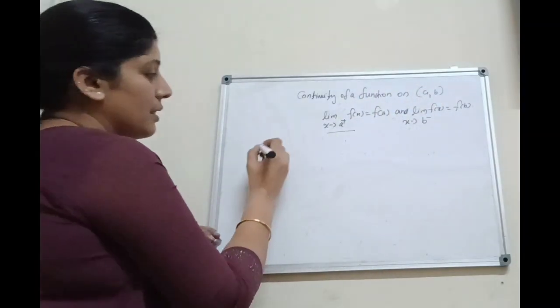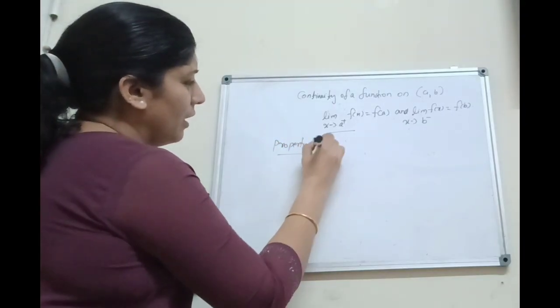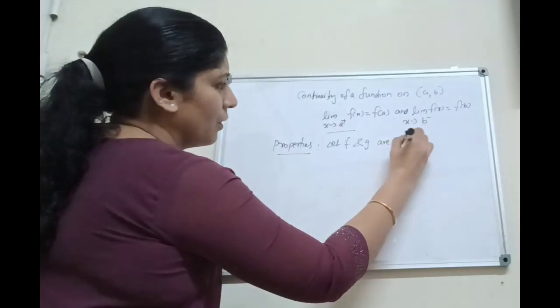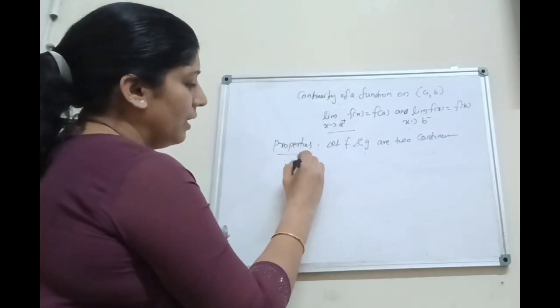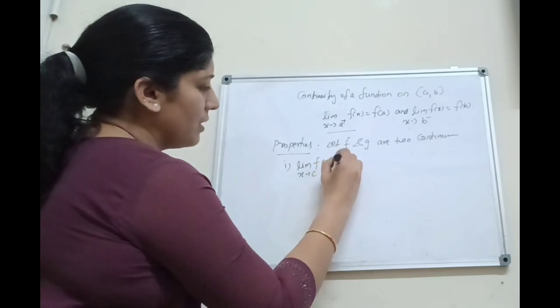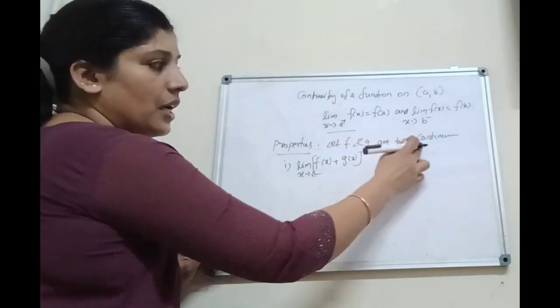Next, we can consider the properties. Let f and g be two continuous functions. Then first one, limit x tends to c of f of x plus g of x. Here f and g are two continuous functions.